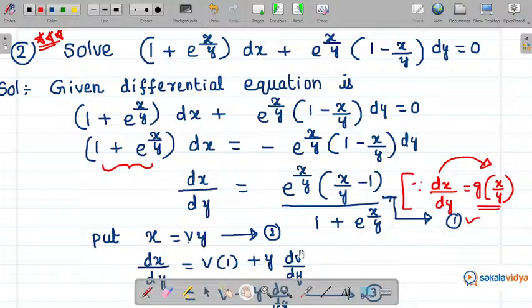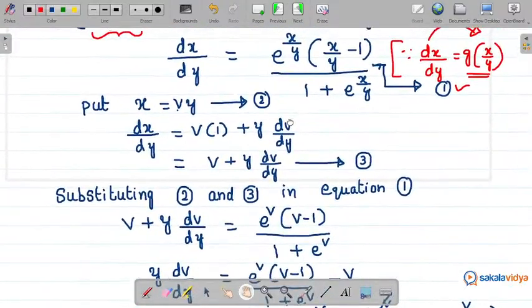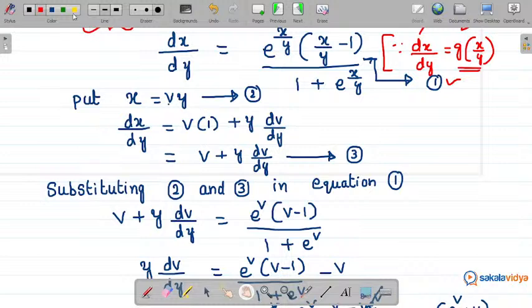So now say x is equal to vy, equation 2. Differentiating both sides with respect to y, dx by dy is equal to, by the UV method, the product rule, v into derivative of y with respect to y, which is 1, plus y into derivative of v with respect to y, dv by dy.